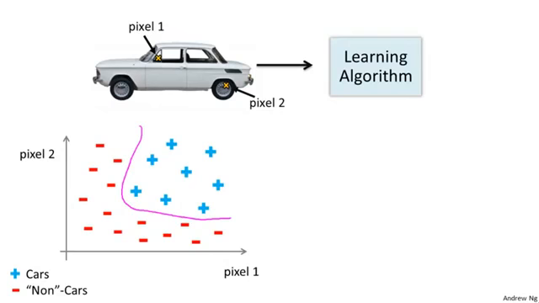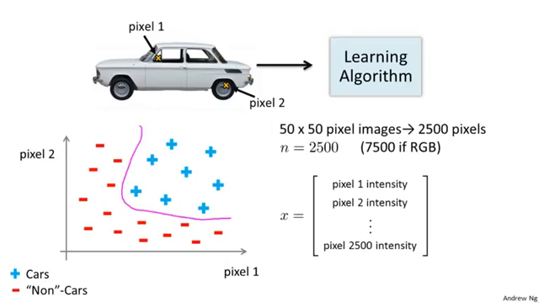What is the dimension of the feature space? Suppose we were to use just 50 by 50 pixel images. That is, suppose our images were pretty small ones, just 50 pixels on the side. Then we would have 2500 pixels, and so the dimension of our feature size will be n equals 2500, where our feature vector x is a list of all the pixel intensities, the pixel brightness of pixel 1, the brightness of pixel 2, and so on, down to the pixel brightness of the last pixel, where in a typical computer representation, each of these may be values between, say, 0 to 255.